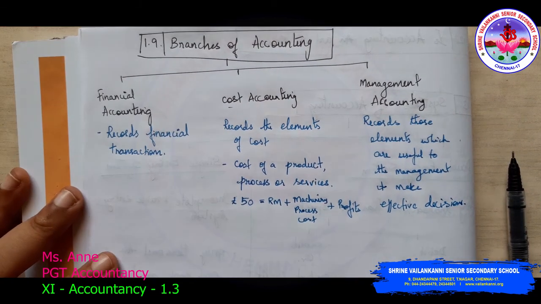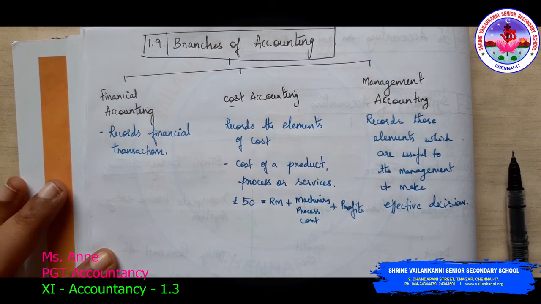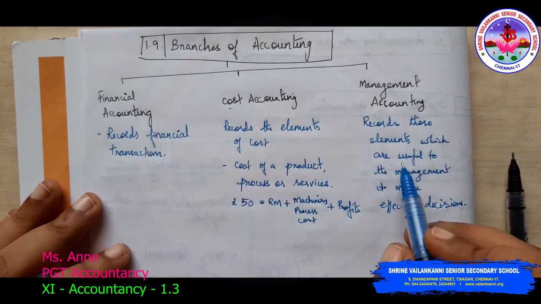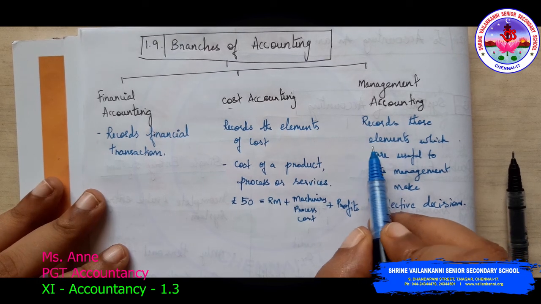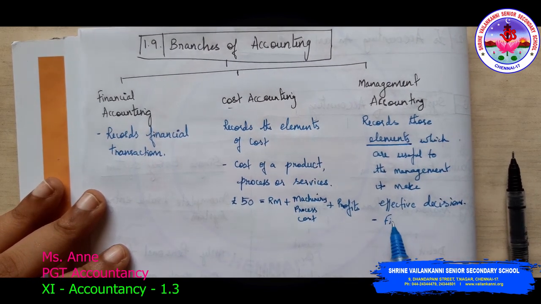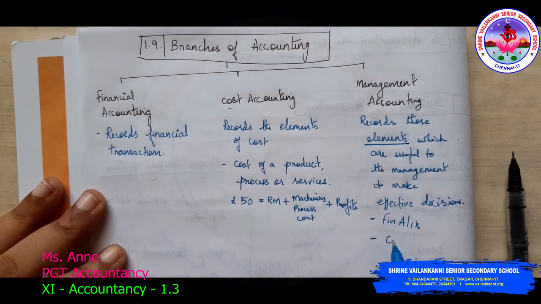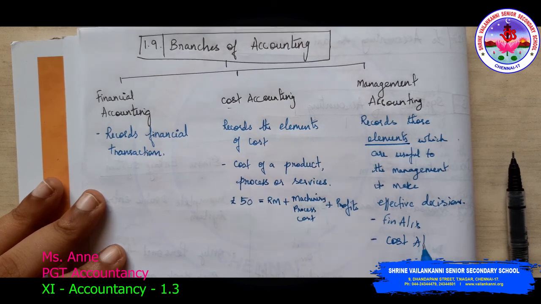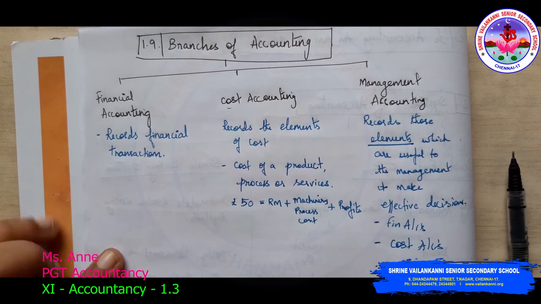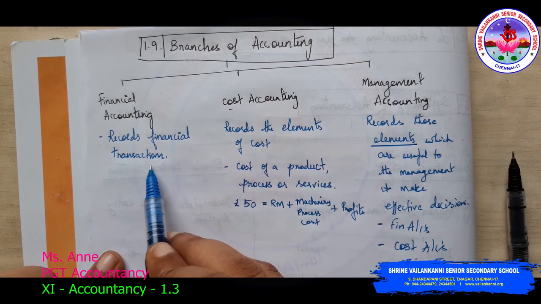Now what elements, how does it record the elements? It is from the financial accounts as well as from the cost accounts. Okay, so financial accounting records the financial statement.